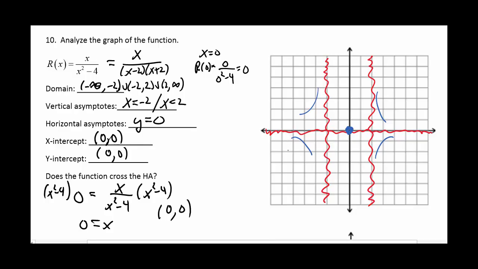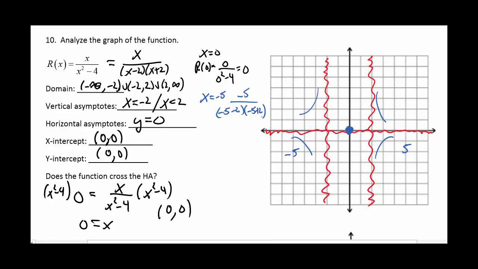So say something like -5 and +5. And then I'm just going to evaluate it. This is where factored form is really nice. So x equals -5. I get -5 over -5 minus 2 and -5 plus 2.